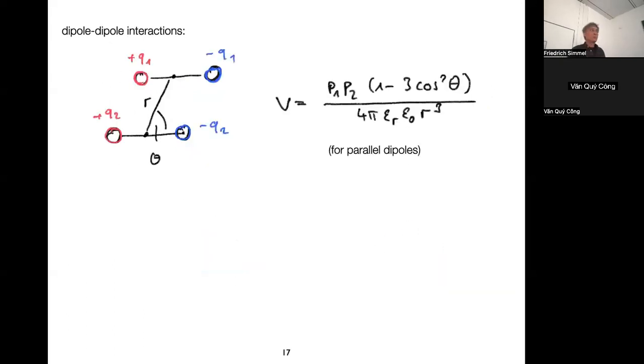If you have two dipoles, it's different. Then you have this famous expression where the interaction decays with a 1 over r cubed dependence, but there is also an angle dependence, of course.